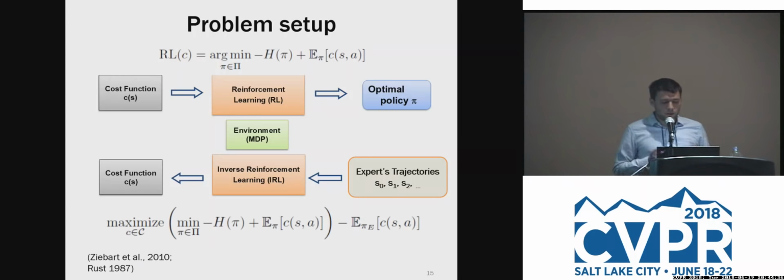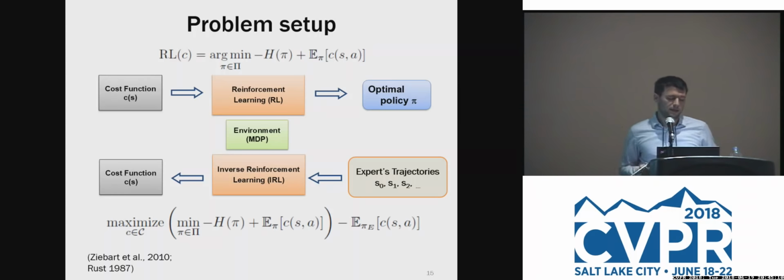In particular, here we're going to consider a natural formulation of this inverse optimization problem. We're going to try to create a gap between the performance of the expert and the performance of everything else. We're going to try to find a cost function such that the expert is uniquely optimal. It's much better than anything else. One way to formulate this mathematically is to solve the optimization problem that you see at the bottom, where we try to maximize the difference between what you can do with any policy and what the expert actually achieves.